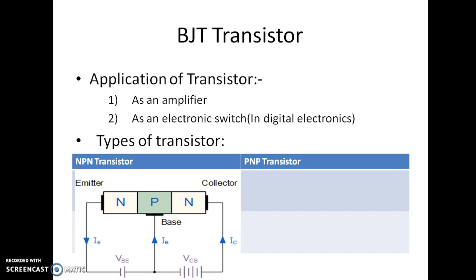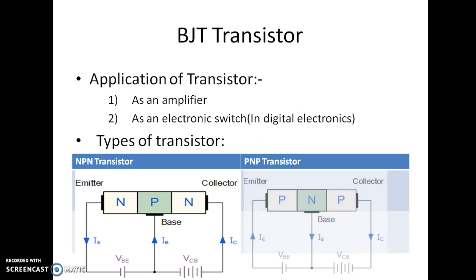In forward bias impedance is low and in reverse bias impedance is high. So the input port is at low impedance and the output port at high impedance. It converts low impedance to high impedance. That's why its name is transistor, transfer resistor.